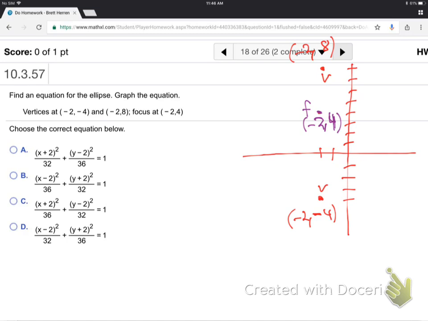Couple of vertex points, got a focus point. Draw what you can.